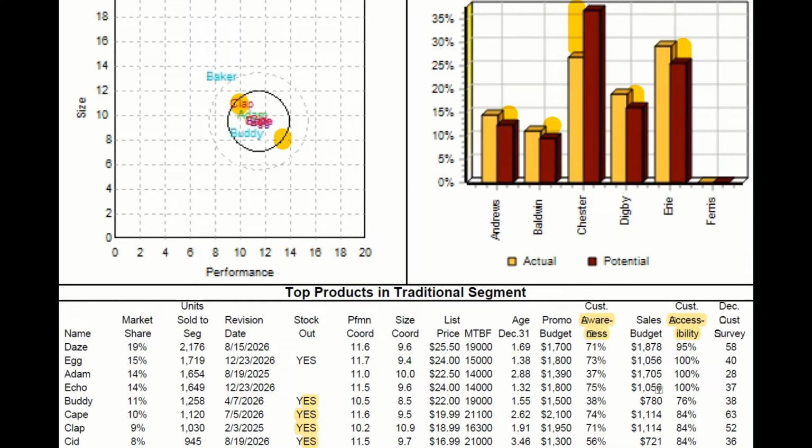So as you can see, in this case here, Digby and Erie, for example, have a 71% awareness. That means out of 12 million plus customers, 71% are aware of the Digby Days product line. 73% are aware of the Erie Egg product line. Only 37% are aware of the Adam product line, and it is selling at a 14% market share.